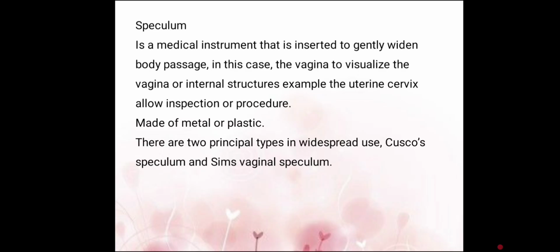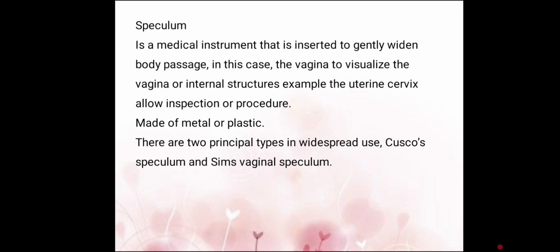The speculum is a medical instrument inserted gently to widen a body passage or orifice. There are rectal, nasal, and vaginal speculums. In this case, using a vaginal speculum, you visualize the vaginal walls and internal structures, for example the uterine cervix, to allow inspection and procedures.